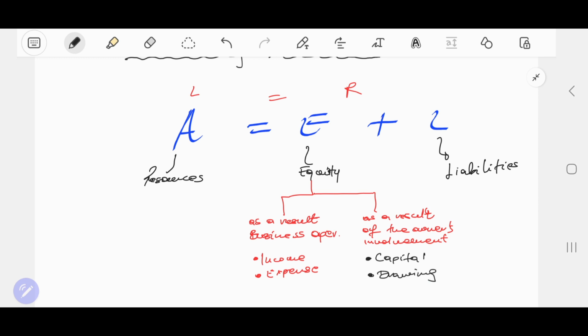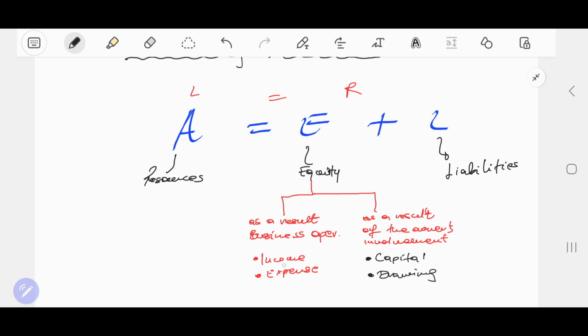And so what are we trying to say now? Remember, according to the elements of financial statements, we discussed and defined an asset, equity, liabilities, income, and expense. We said that income is an increase in assets of the business, or a decrease in liabilities.